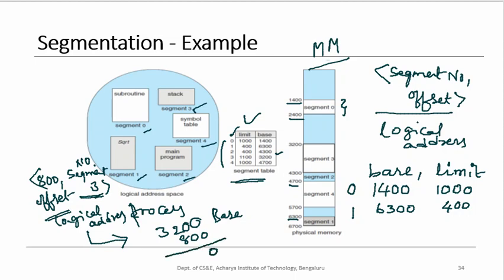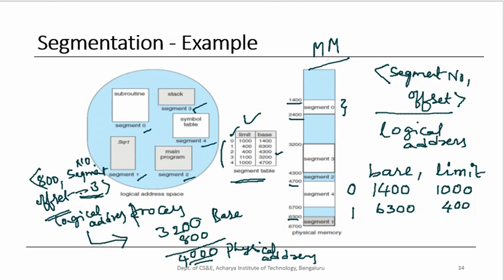So that is 4000. Let's assume that 4000 is the address and it is part of segment 3. So this becomes the physical address of the 800th byte which is present in segment 3.